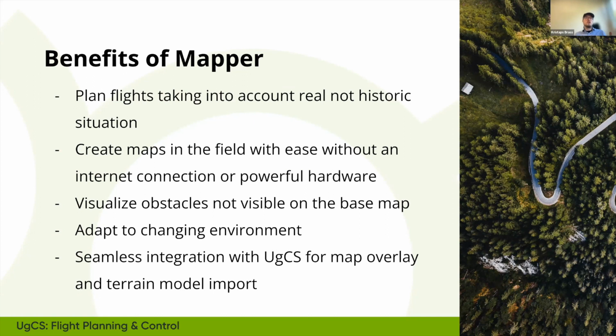Maybe there's some machinery sitting somewhere if you're flying above locations such as a forest. If you're flying in other places where there has been some construction, especially if it's more recent, then in the Google imagery, you might not yet see the structure that's there. But in reality, it will be there. And so if you are able to get this more accurate map from Mapper, then this can help a lot. So that's point number one.